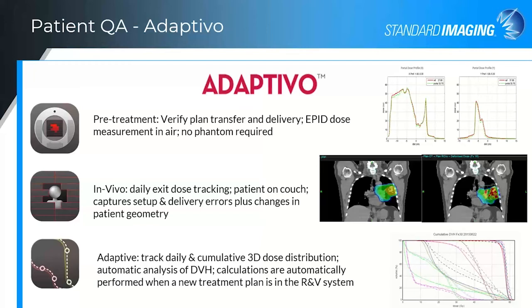It actually offers a whole module further for you to be able to really verify, again, if few fractions, high dose rates, whether you're on track to treating the patient as planned, verifying, you can capture setup and delivery errors, changes in patient geometry, and you're tracking those cumulative 3D dose distributions, automatic DVH analysis. These are really important tools that run and help you.